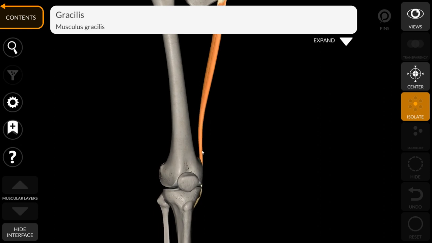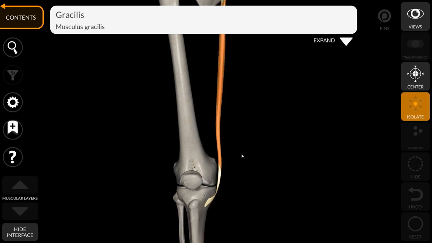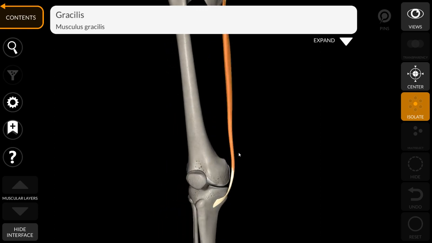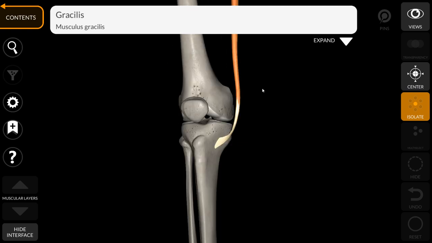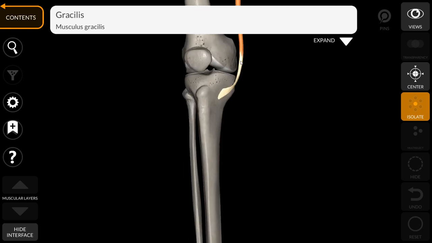And this muscle, again, is a biarticular muscle. And this muscle inserts into, I think you know the insertion, class, right? Because this gracilis shares a common insertion with which muscles?